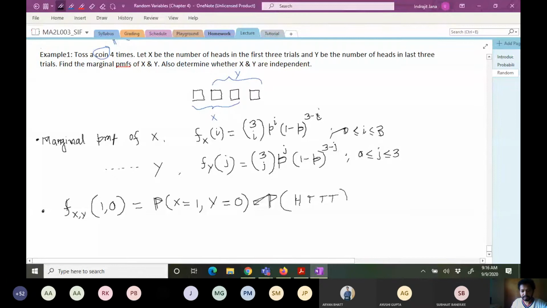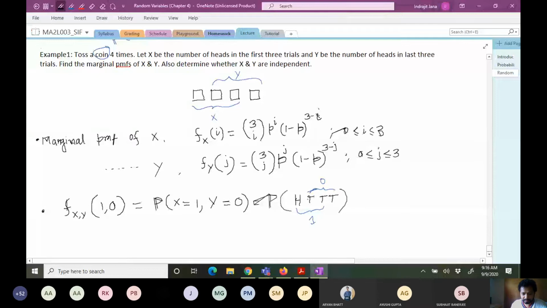Okay, so in that case, this is the only case where you have one head in the first 3 trials and 0 heads in the last 3 trials. If you think of other cases, you cannot have this, because for example, if you have a head in the second place, then that would also count toward the last 3 trials, which will give you y is equal to 1 as well.